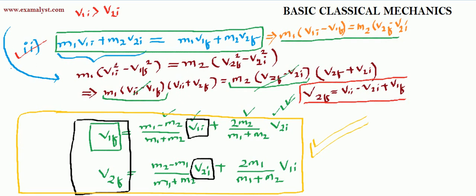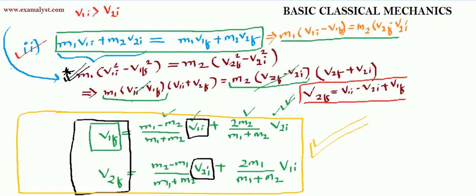So we have a coefficient called the coefficient of restitution. If things are inelastic, then this particular thing will not work out. This particular equation came from equation number 1, and if they don't satisfy it, then it's an inelastic collision.